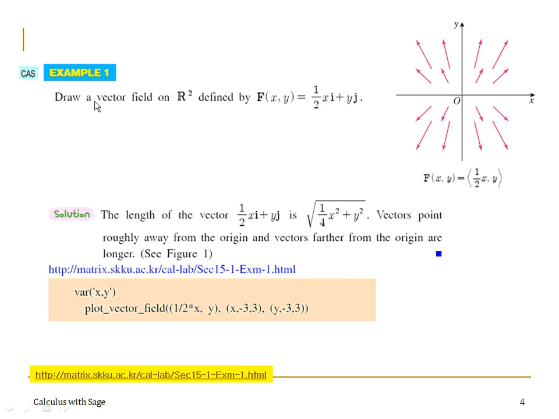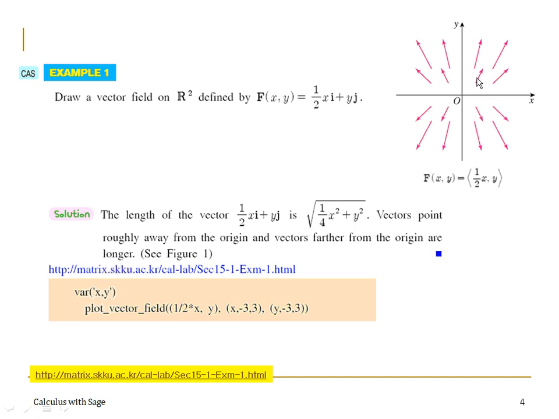Okay, let's draw a vector field on R2 defined by F(x, y) like this. This is the graph of this function. What it means is that at the point (1, 1), we have (1/2)i + j. That means at this point we have a vector with a component of half in the i direction and 1 in the j direction.